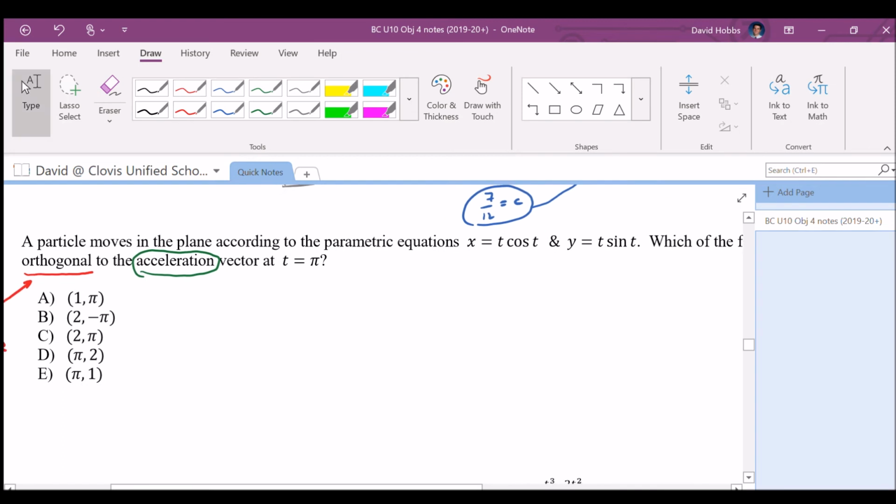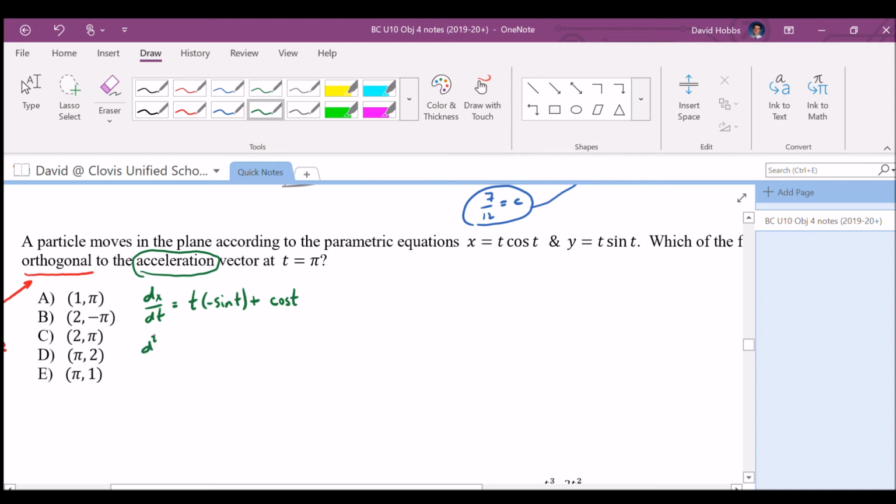So that means we need the second derivative of x with respect to time and the second derivative of y with respect to time. Okay, so dx/dt, product rule: t times negative sine t plus cosine t times 1.